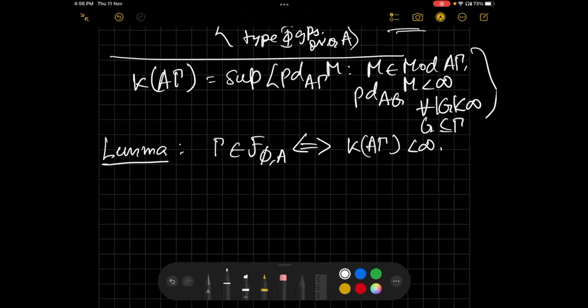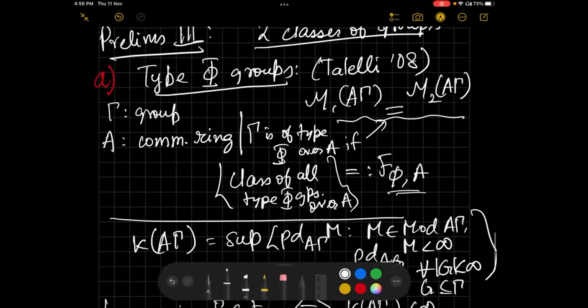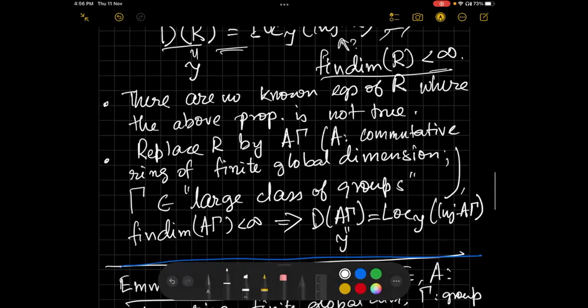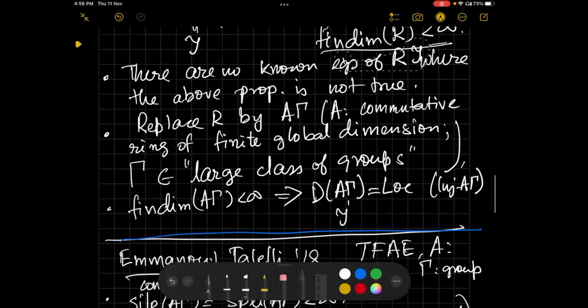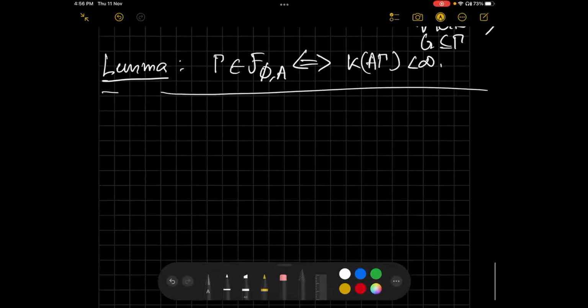And now I come to one of my main results that helped me prove this generation property for derived categories that I was mentioning earlier. This large class, this guy. So now the result that I proved, okay, no, I need to say some more about the classes of groups that I'm dealing with.